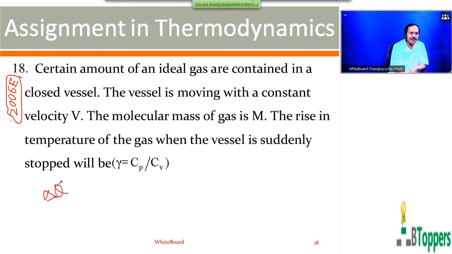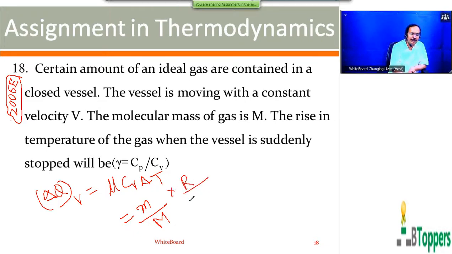So we can write delta Q at constant volume for the gas in the vessel as mu CV delta T. Mu is the number of moles of the gas, which can be written as mass of the gas divided by molar mass. Let us denote the mass of the gas by small m, because molar mass is denoted by capital M. And CV is the molar specific heat at constant volume, which you can write as R by gamma minus 1, as I told you earlier.